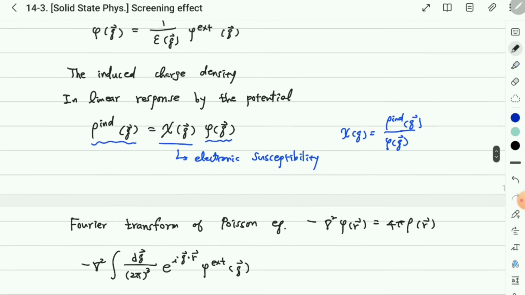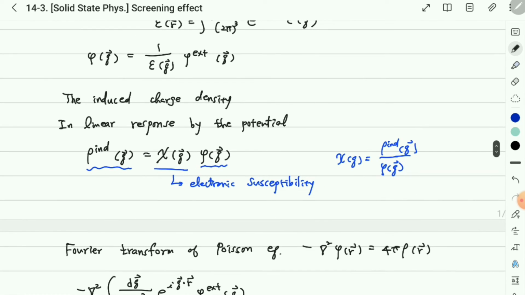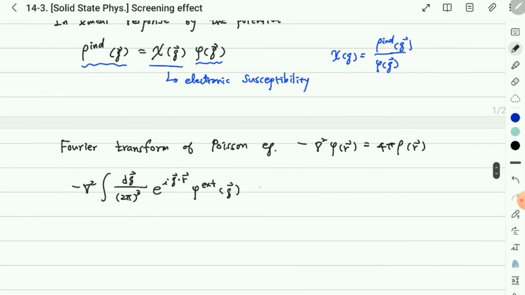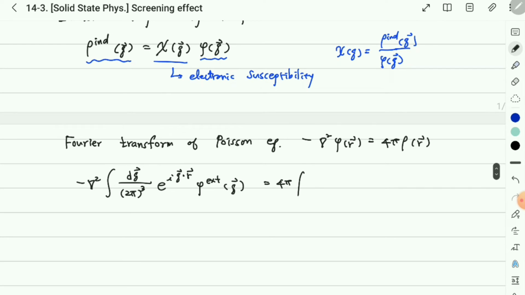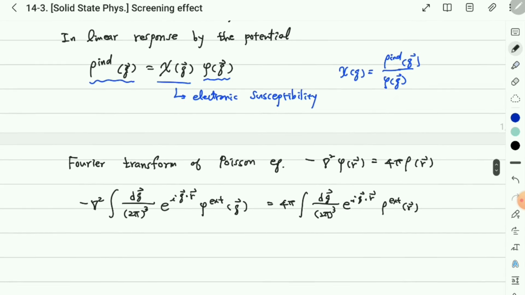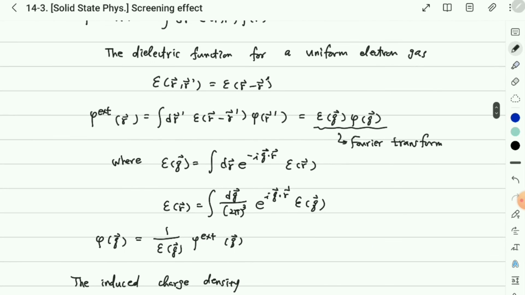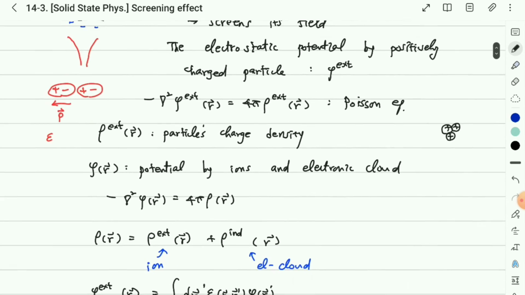And it equals 4 pi times the integral dq over 2 pi cubed, exponential i q dot r, rho external r. Here this comes from the Poisson equation for the external potential.